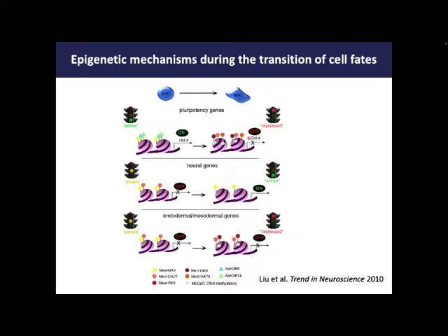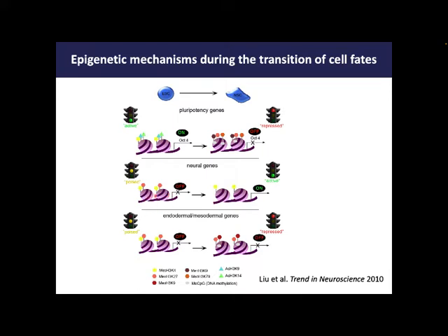However, during differentiation, those promoters are modified by repressive markers, so they get repressed and inactivated. However, the lineage-specific genes, the developmental genes such as neural genes and endodermal and mesodermal genes, experience differential regulation.